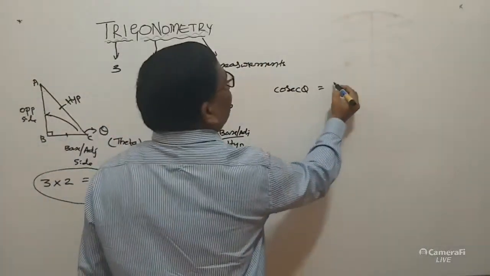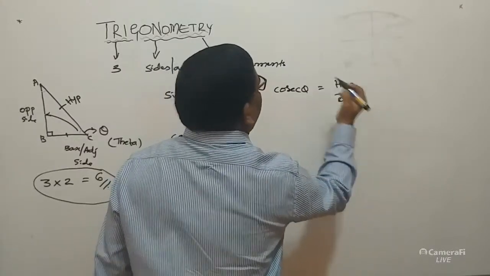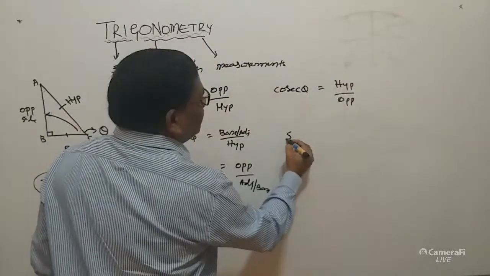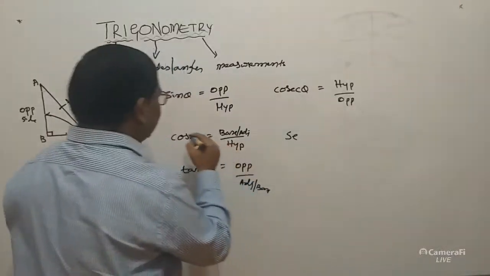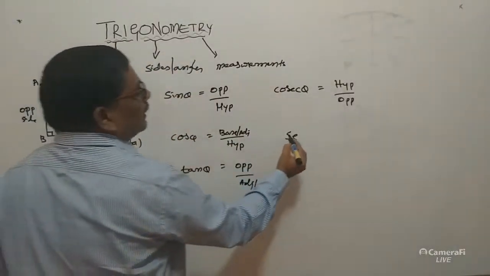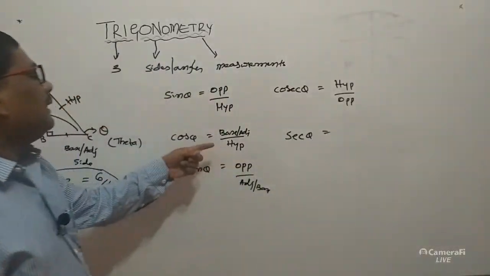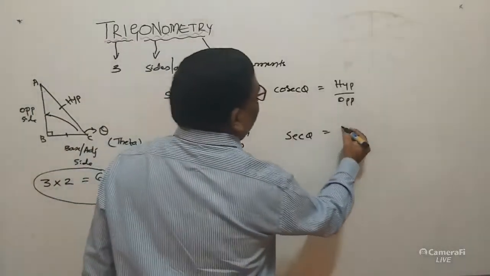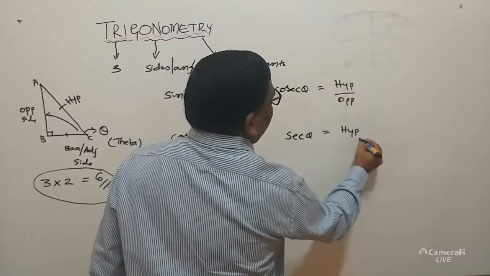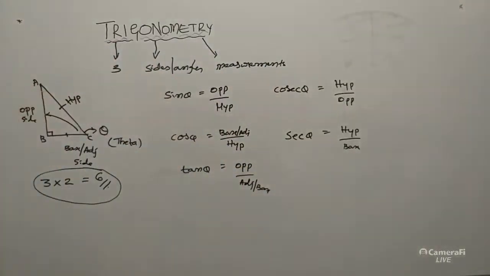Its reciprocal is secant theta. The secant theta is hypotenuse by base.